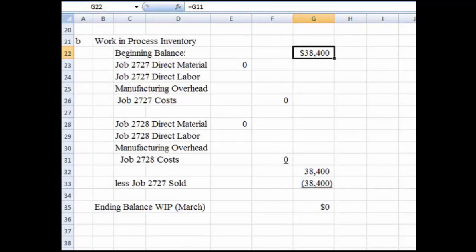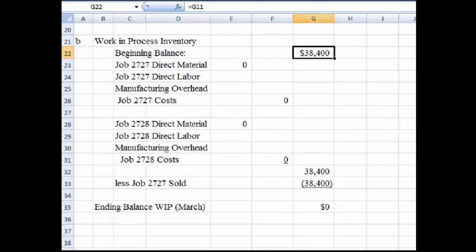The best way to calculate job costing is to keep each job separate through the process and then subtract the total amount that the job costs when it is completed. The bottom line in the problem, just below the requirements, tells us that job 2727 was completed and sold in March, and job 2728 was not completed.